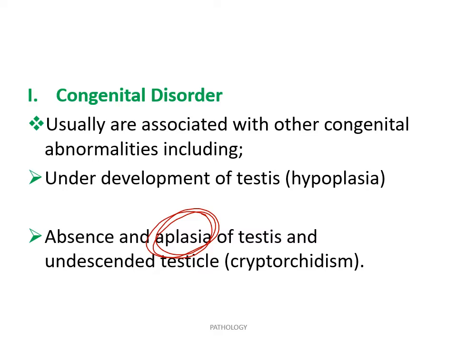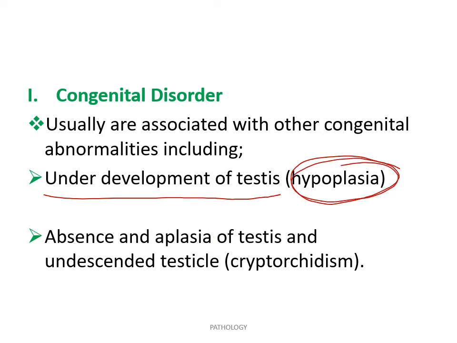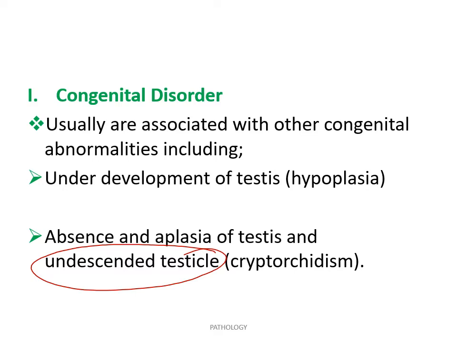Another category of congenital abnormality is underdevelopment: the testis is there, but it is not developed properly. We call it hypoplasia. The last is when the testis has developed but has failed to descend. This is an undescended testis, and we call it cryptorchidism.